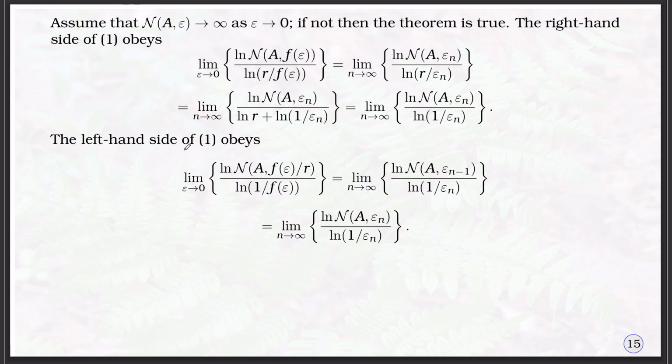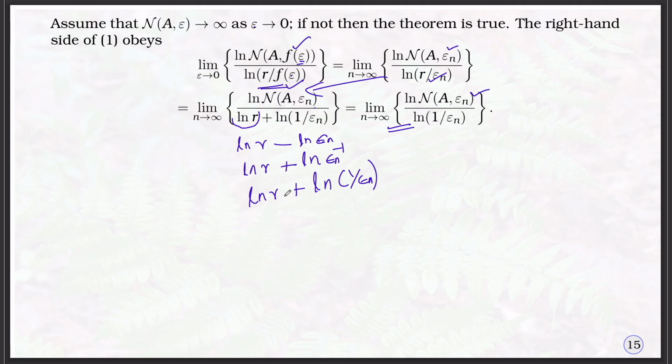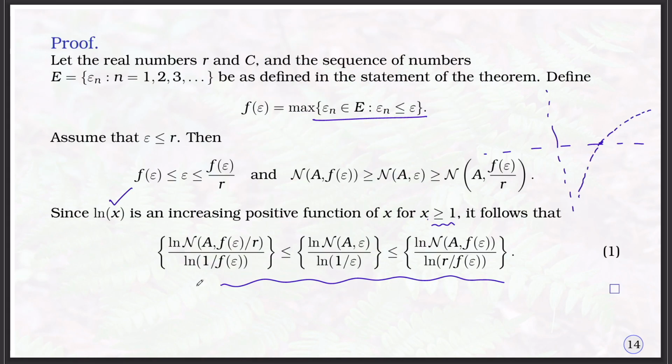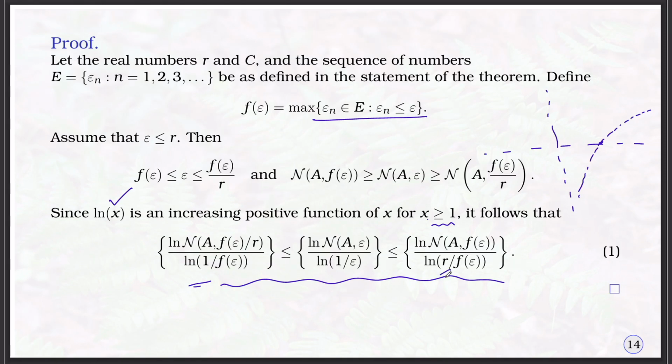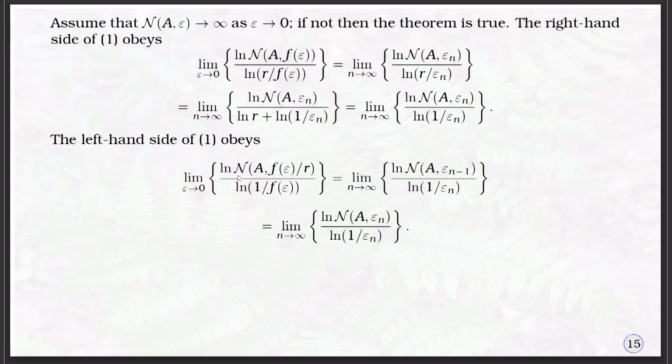Now, you can check the left hand side of the equation 1. This side is over. Now we can check this side. The limit as epsilon tends to 0, the left hand side of the equation 1, ln of N(A, f(epsilon)) over ln of 1 over f(epsilon) equals.